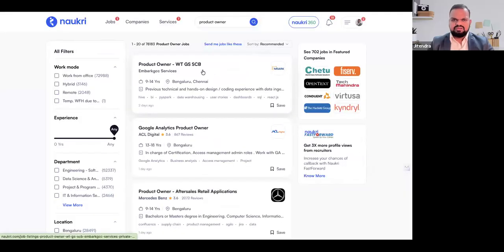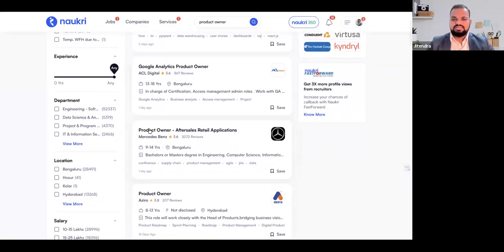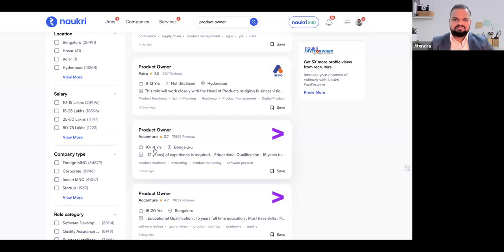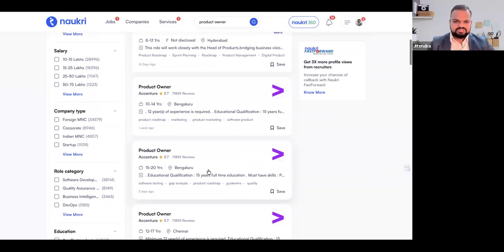I'm not adding any experience or location, just a high-level open search. Google Analytics product owner, SEL Technology, Mercedes is hiring for product owner, 9 to 14 years. Azero is hiring a product owner, 10 to 14 years.